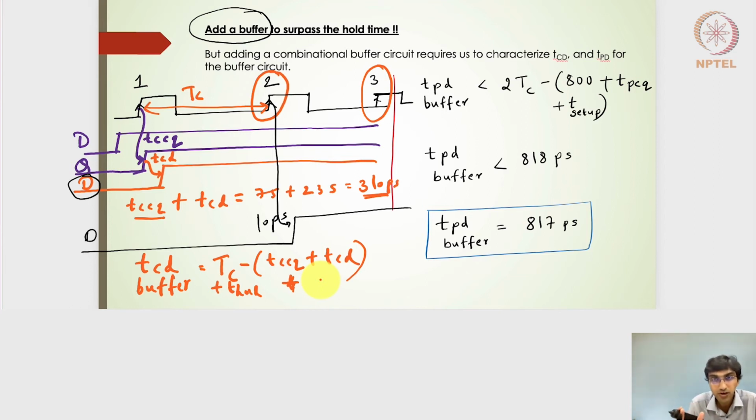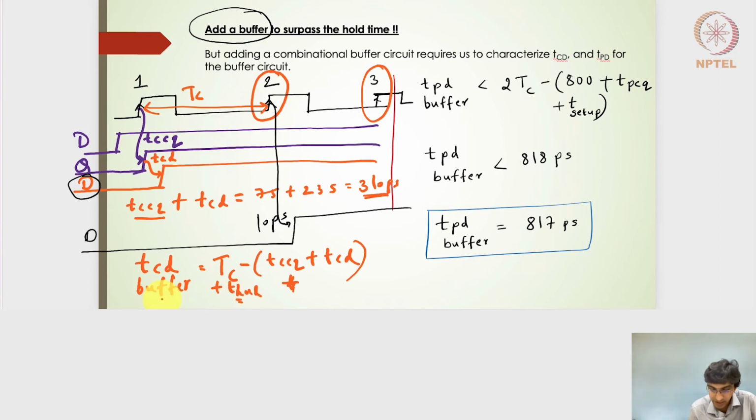That's about it. So my TCD of the buffer should ensure that if I add a block after or in between the 4 combinatorial blocks, the output which goes as an input to the flop design should arrive only after the T-hold of the second clock edge, so that it will not be captured in the second clock edge, only in the third clock edge. So it will be 885 plus T-hold time, which is 10 picoseconds, so 895 minus this whole thing, which is 310 picoseconds.